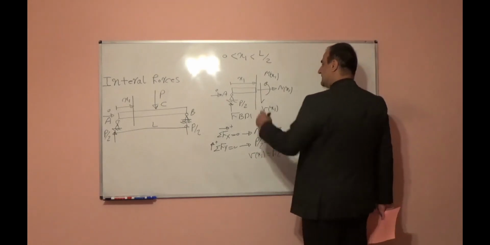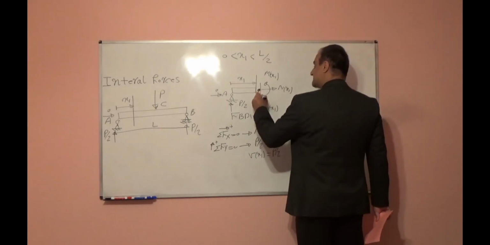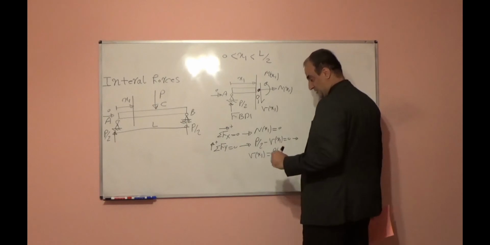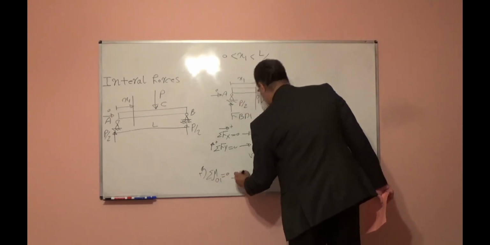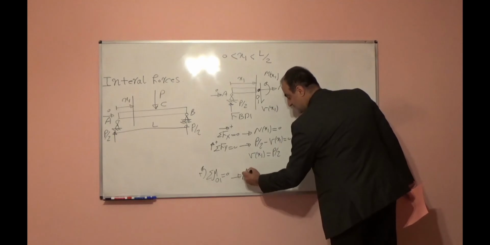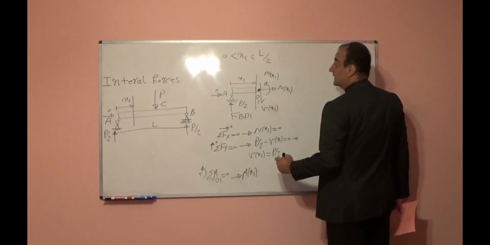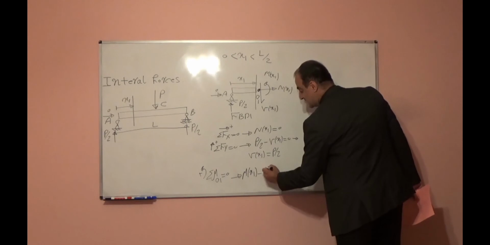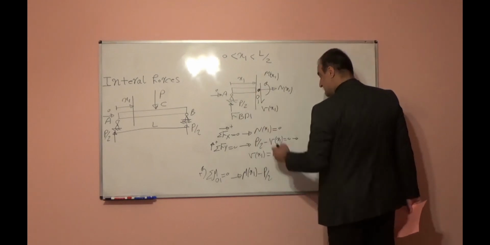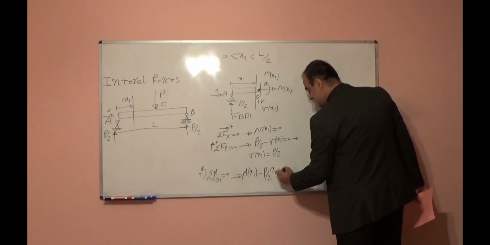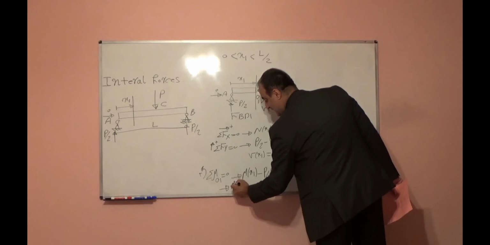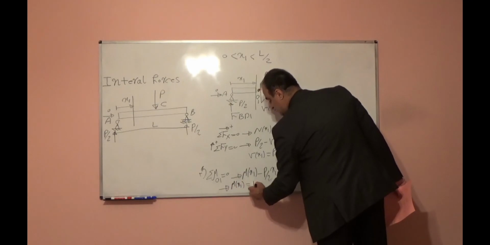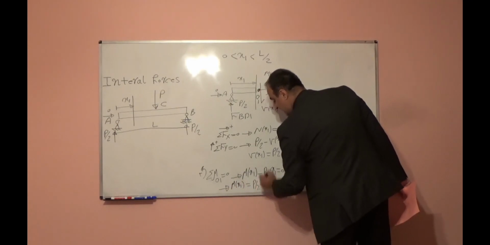In order to find mx1, I can take moment respect to point O1, the cut point. So if I take moment respect to point O1 and put equal to 0, I will have mx1 minus P over 2, this force, times distance x1 is equal to 0. From here, I can find mx1 is equal to P over 2 x1.